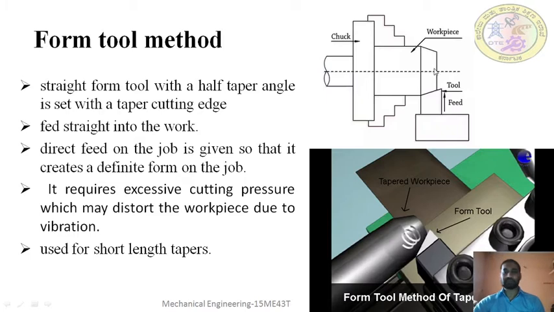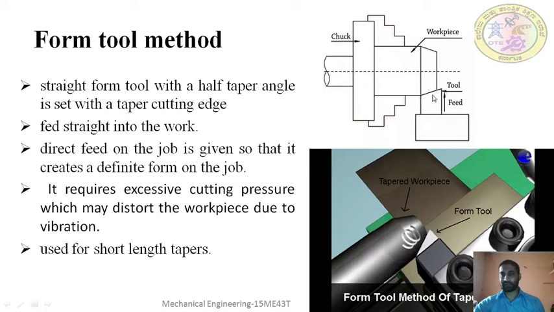So it is limited to only shorter length tapers, because we cannot move the tool along the length of the workpiece, we can only move it perpendicular to the axis of rotation. Since the pressure generated is very high, it is used only for a small length of taper.